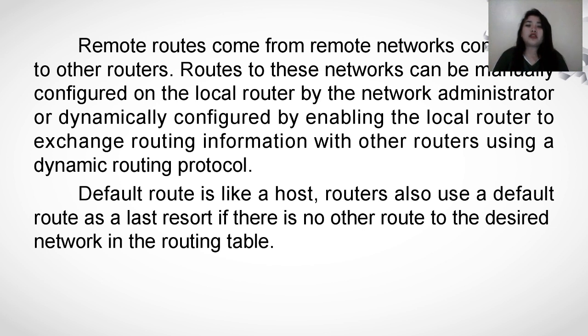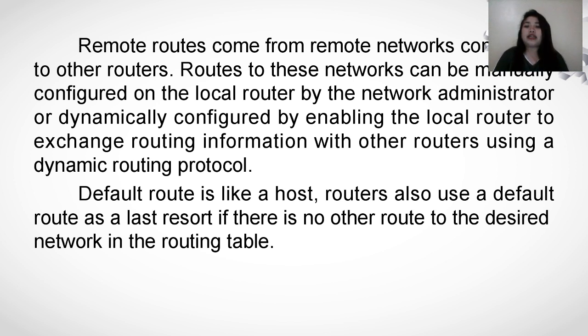Routes to these networks can be manually configured on the local router by the network administrator or dynamically configured by enabling the local router to exchange routing information with other routers using a dynamic routing protocol.